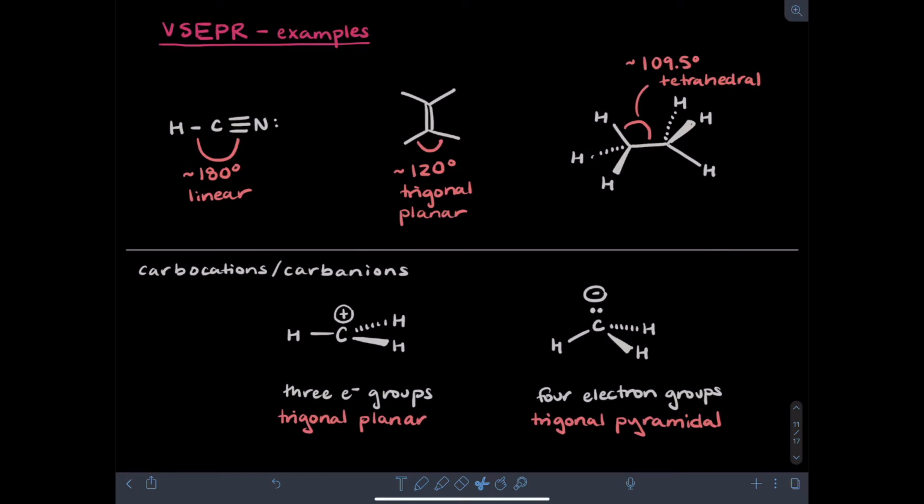This would give me a tetrahedral electron geometry, but because one of those 4 groups is a lone pair, I'd describe the geometry in terms of the bonds to be trigonal pyramidal.